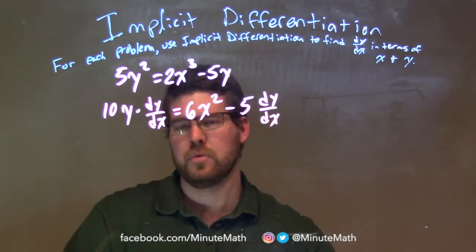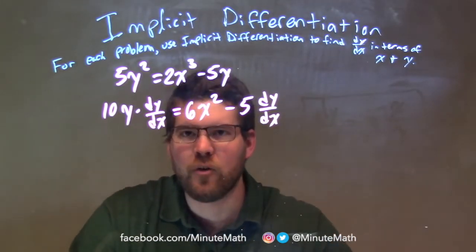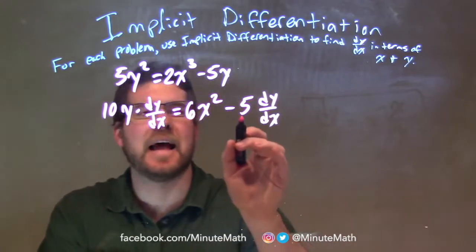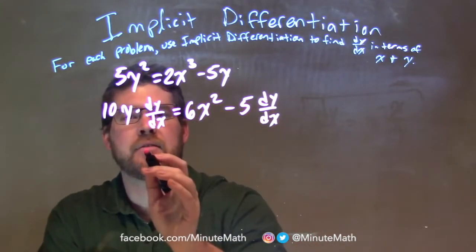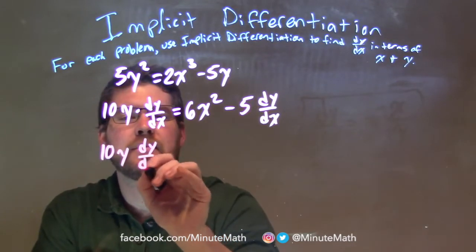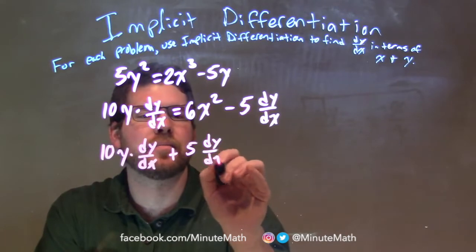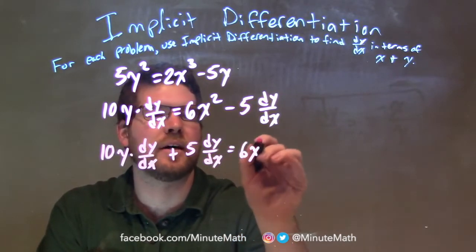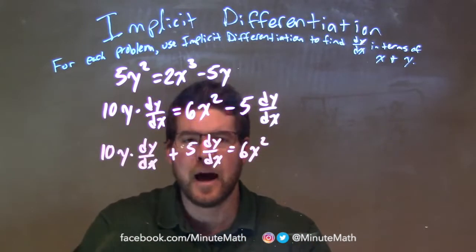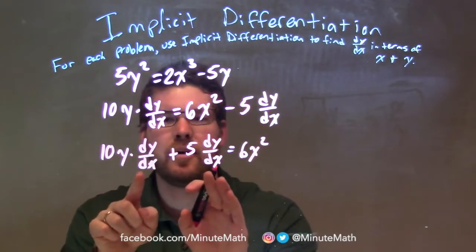So now my goal, when we think about this, is to get dy/dx by itself. So what I'm going to do is add 5 dy/dx to both sides. So I have 10y dy/dx here, plus 5 dy/dx. That's equal to 6x squared. Now, I have a dy/dx right here in both parts.